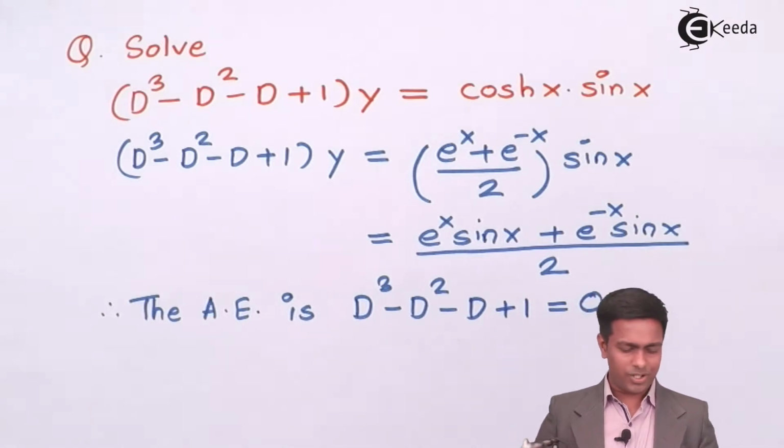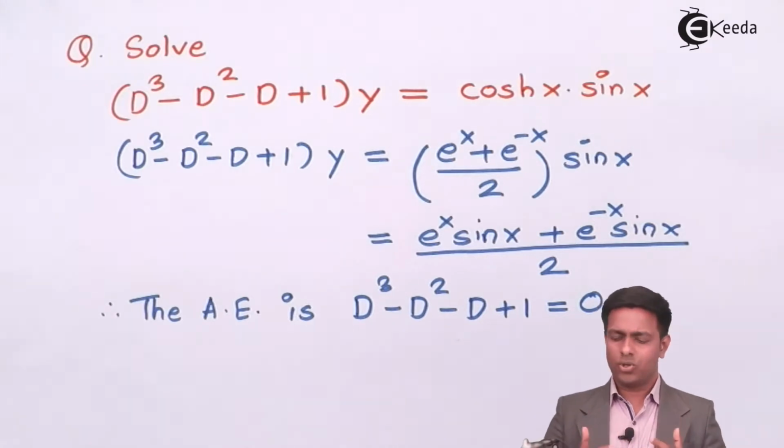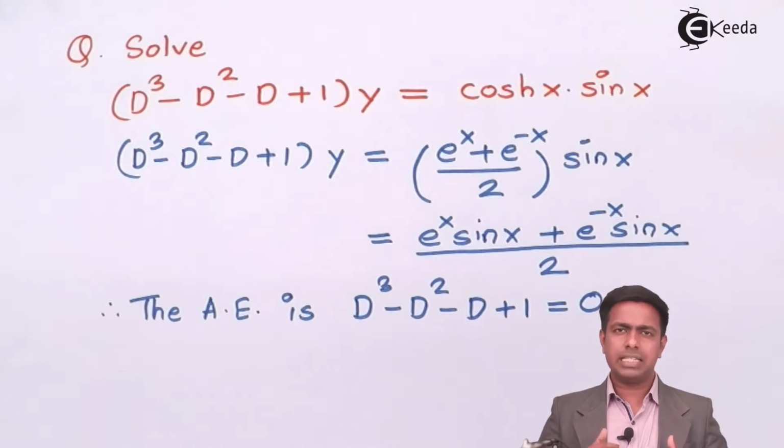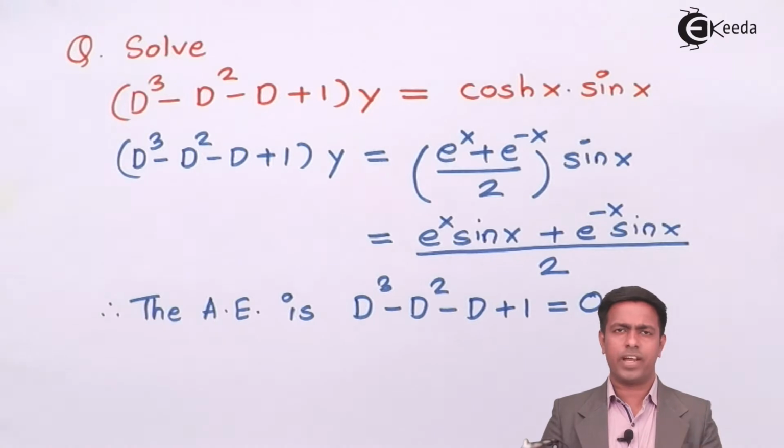Now to get the roots, there are 2 methods. One is to use a calculator and one is to use the synthetic division method. Here I am not going to use the calculator because you all know how to use it. I am going to use the synthetic division method, so that tomorrow if you don't have the calculator, you can still find the roots by using synthetic division.